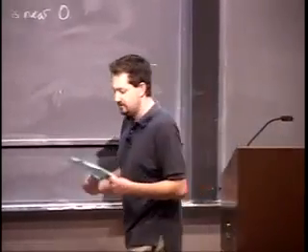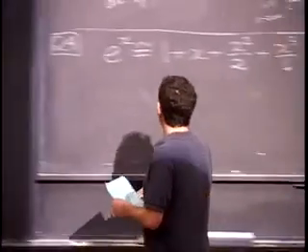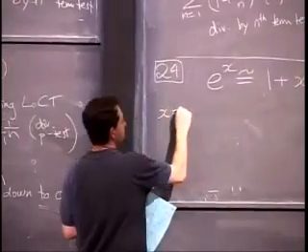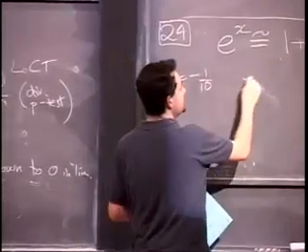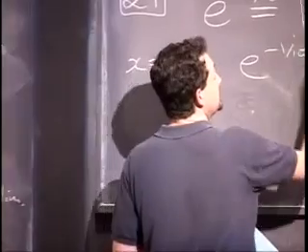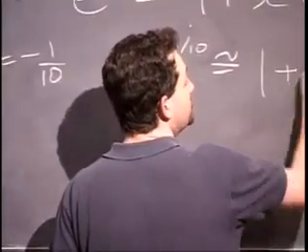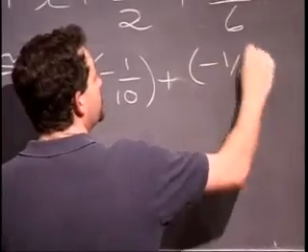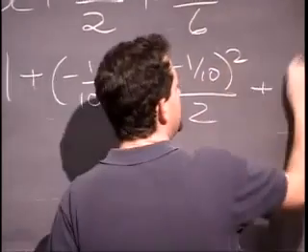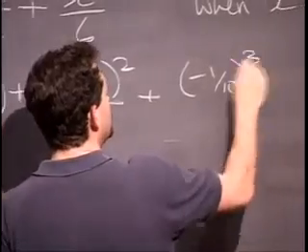I'm not proving it yet, but let's just see what happens if I substitute minus a tenth. That's a pretty small number after all. So this says that e to the minus a tenth is approximately equal to 1 plus (minus a tenth) plus (minus a tenth) squared over 2 plus (minus a tenth) cubed over 6.